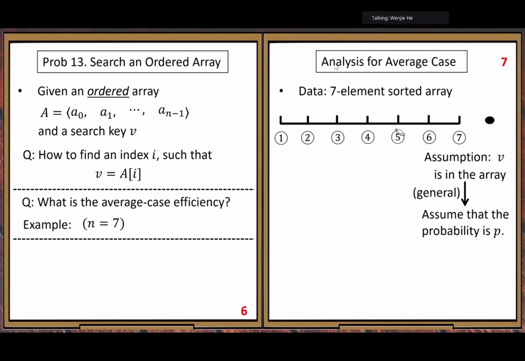We just assume the given key is in the ordered array. After that, we can use a similar way to what we used in the linear search to cover the case when the given key is not in the array.